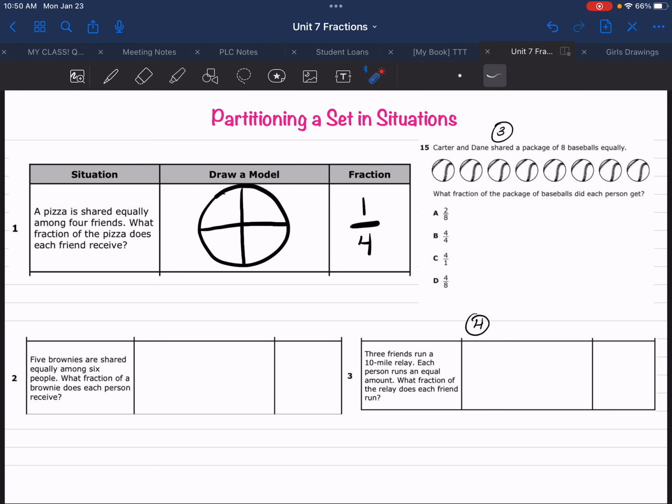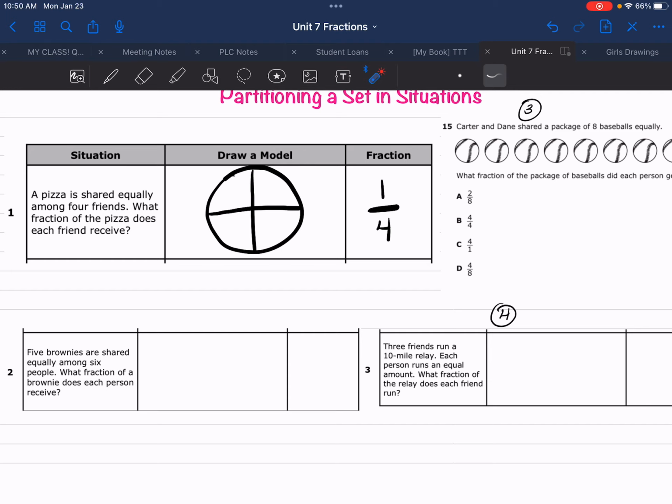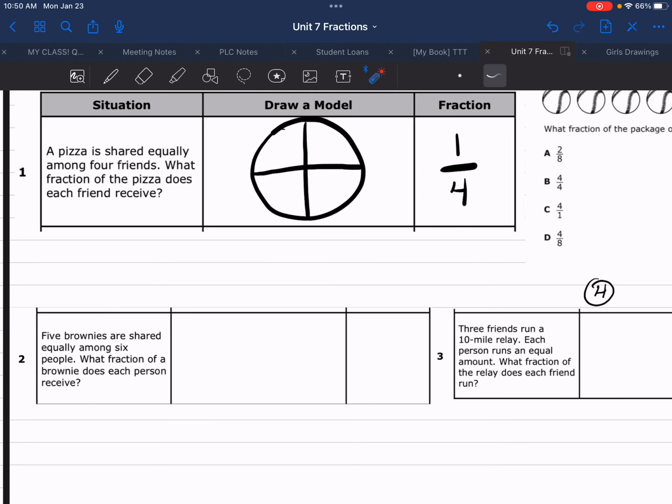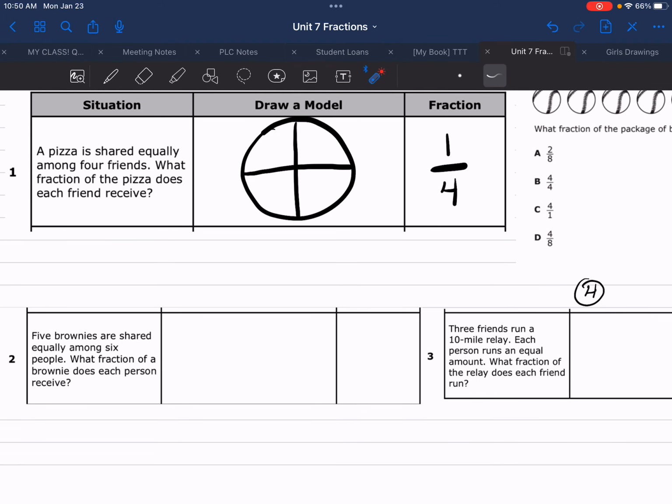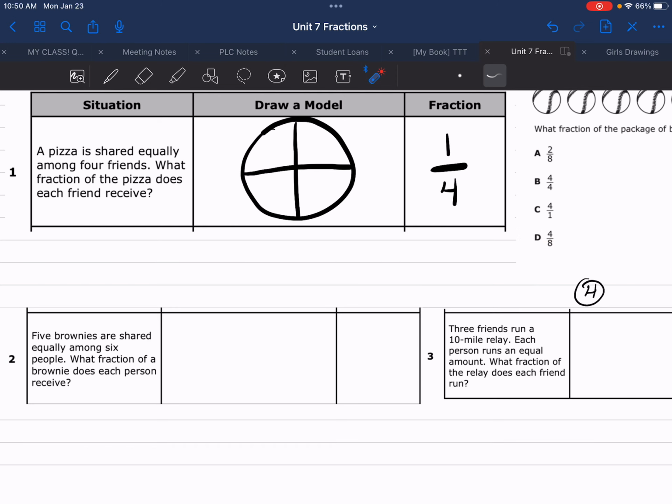Okay. Now, that was easy. So let's read situation number 2. It says 5 brownies are shared equally among 6 people. What fraction of a brownie does each person receive? These problems are going to be a little bit different, friends, because, well, let's just see why.